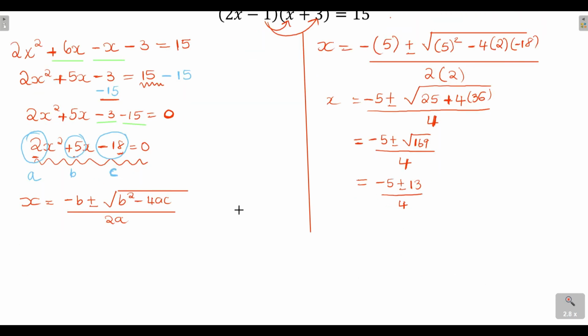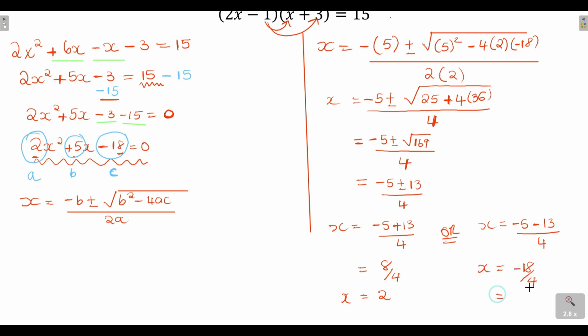Therefore, what is our x equal to? x is equal to negative 5 plus 13 divided by 4, or x is equal to negative 5 minus 13 divided by 4. Minus 5 plus 13 is 8, and 8 divided by 4 is 2. So x is equal to 2, or minus 5 minus 13, which is minus 18, divided by 4.